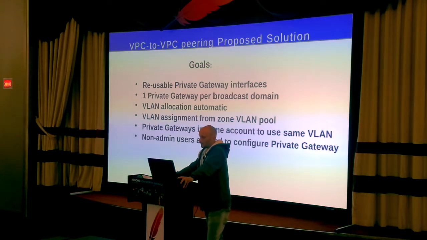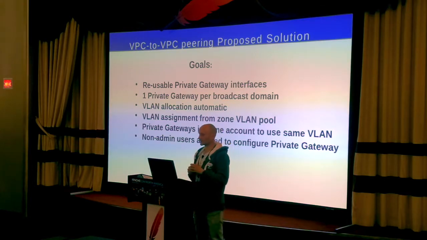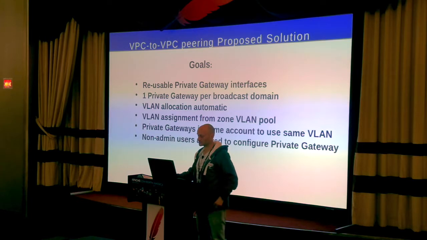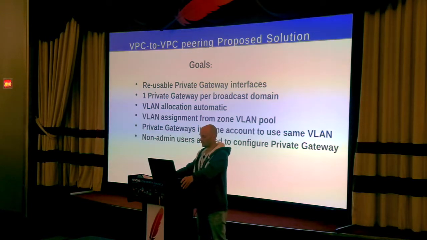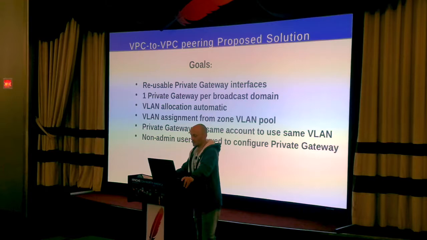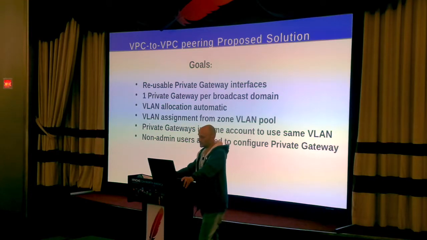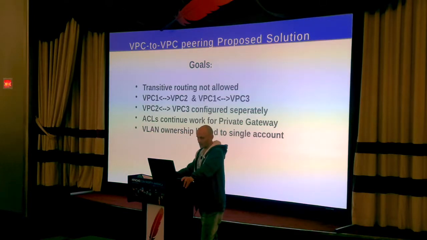And the next goal is that all the private gateways in the same account should be able to use that same VLAN. Also, to make it more user-friendly, normal users will then be able to create a private gateway, since there's no VLAN allocation that they need to set up because it's automatic.